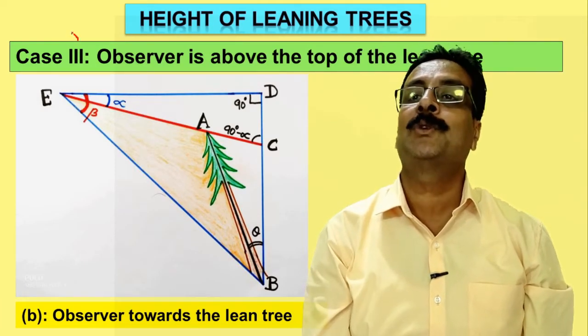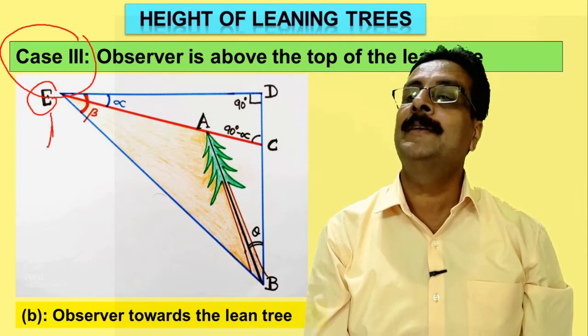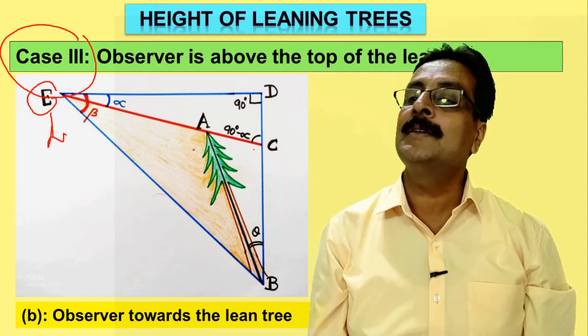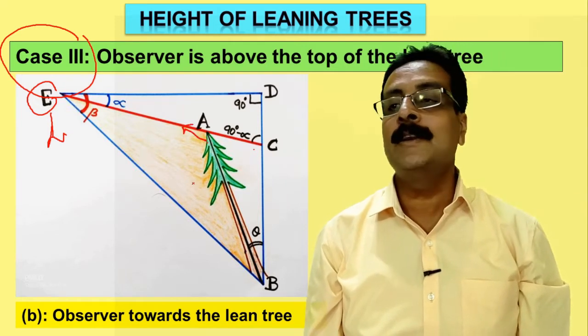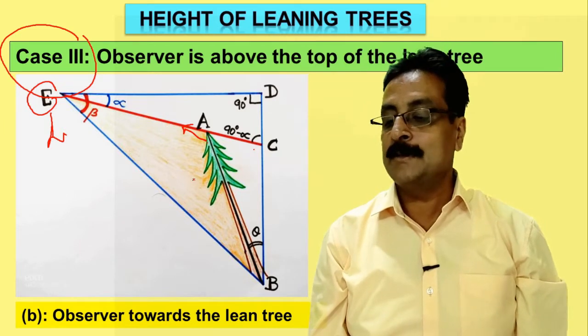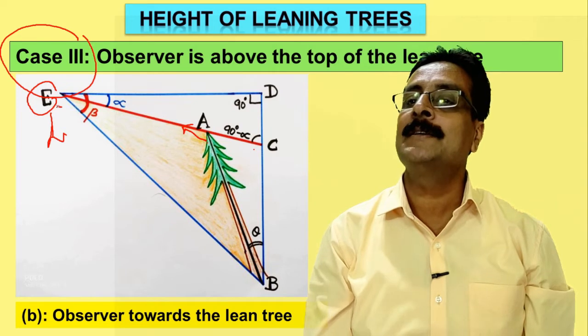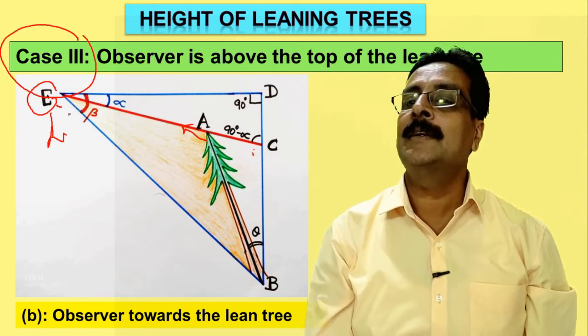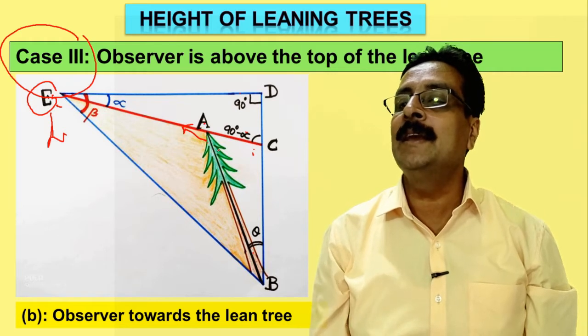In case number 3, the observer is again on the top, but here the tree is leaning towards the observer. When it is leaning towards the observer, the case is a bit more difficult. Before that, you can see one triangle is EDC, another triangle is ECB, and one more triangle is coming here, EAB.